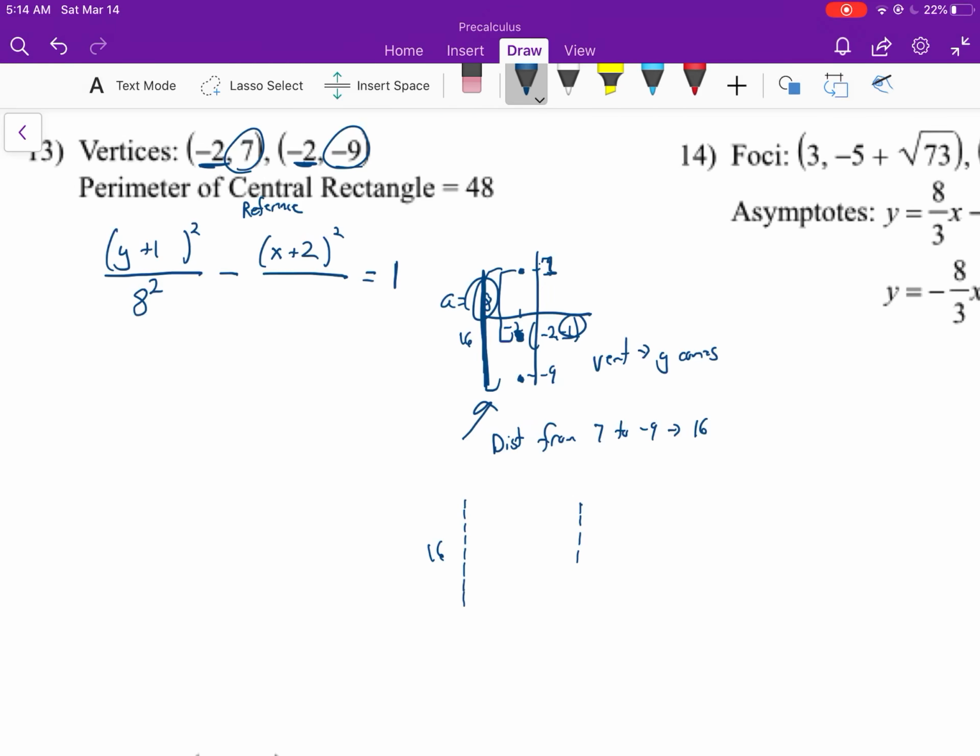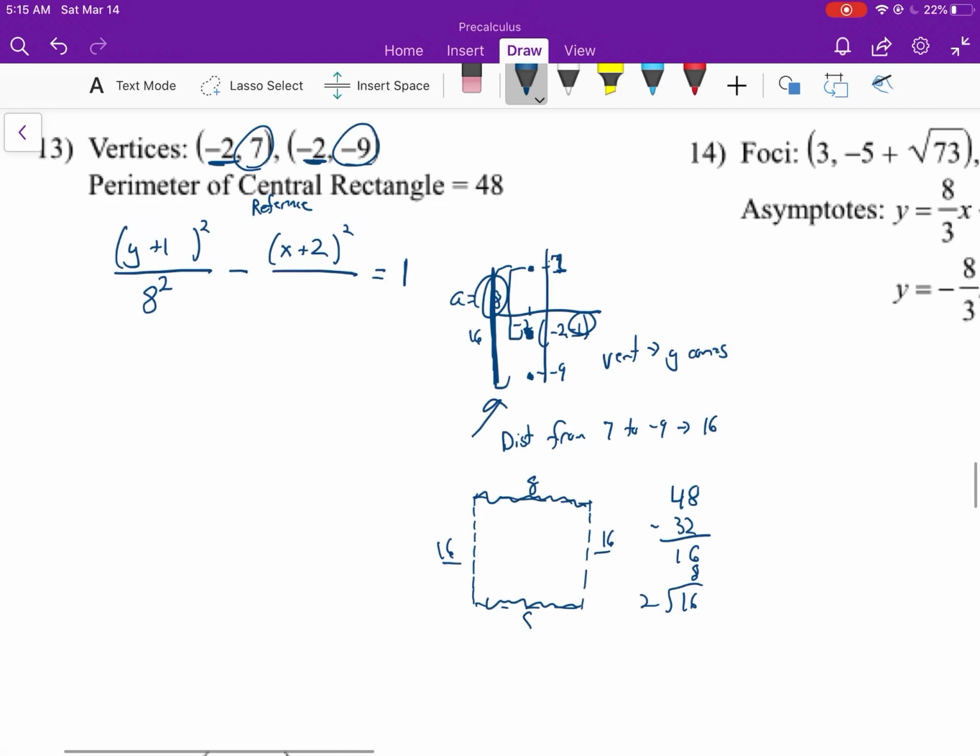This isn't going to be drawn to scale. 16 over here as part of our reference rectangle. Well, if we have a perimeter of 48, and we subtract the 16 plus 16, which is 32, we're left with 16. Now be careful, that's 16 left for this part and this part. So we do 16 divided by 2 is 8, and 8 is going to be this length and this length.